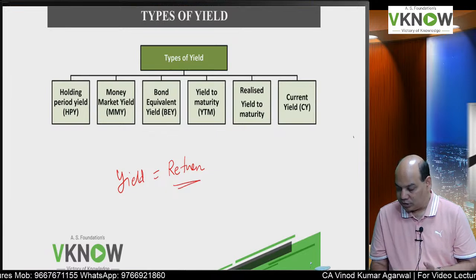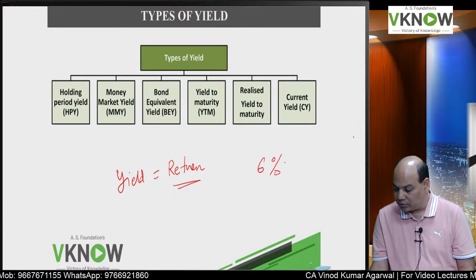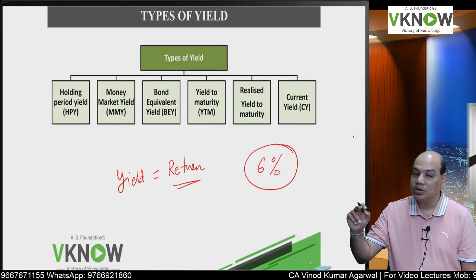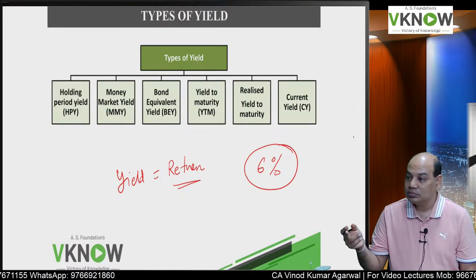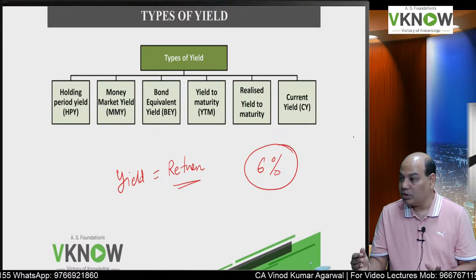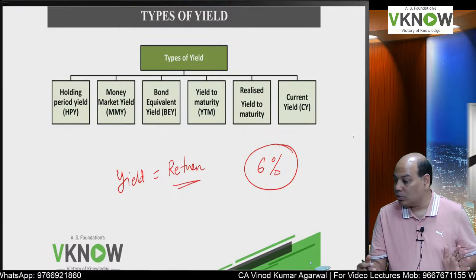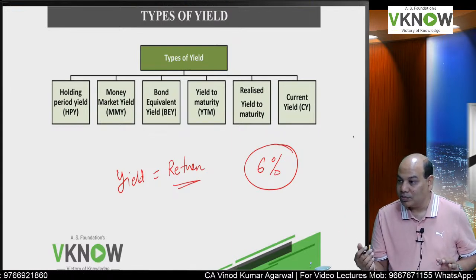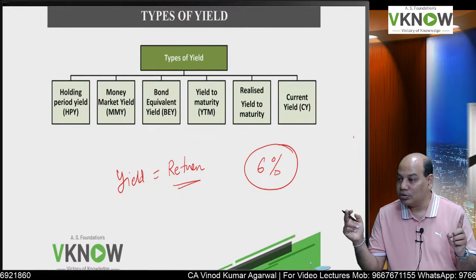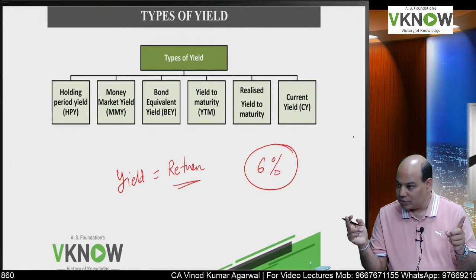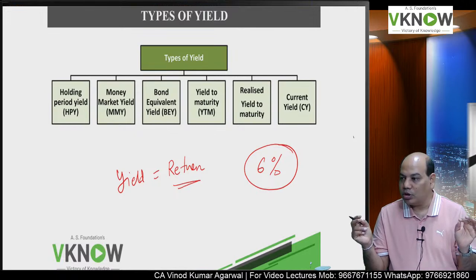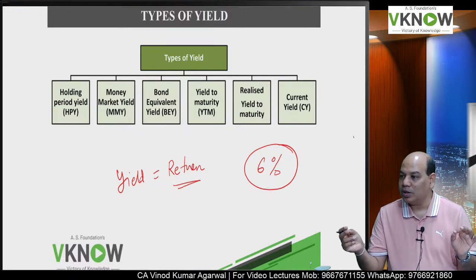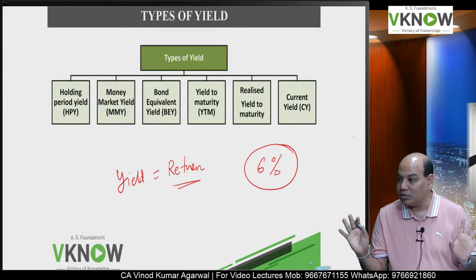If you look at only coupon rate, is coupon rate equal to yield? No, because the bond may be issued at a discount or at a premium, or the redemption may be at a premium, so that will affect your return. In case of a bond issued at par and redeemed at par, coupon rate and yield will be equal.